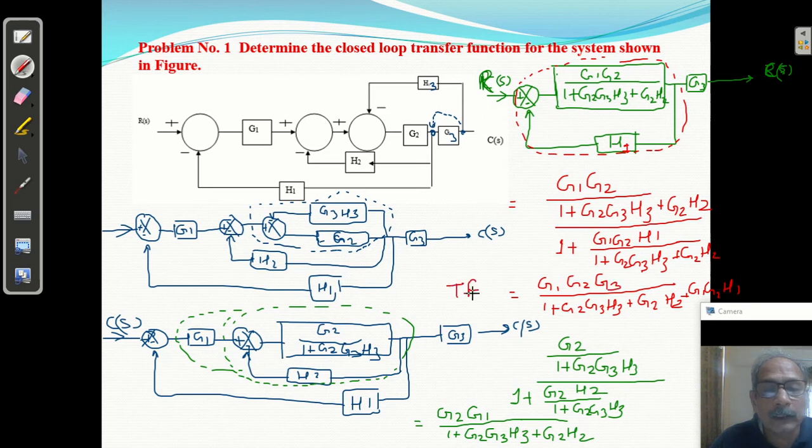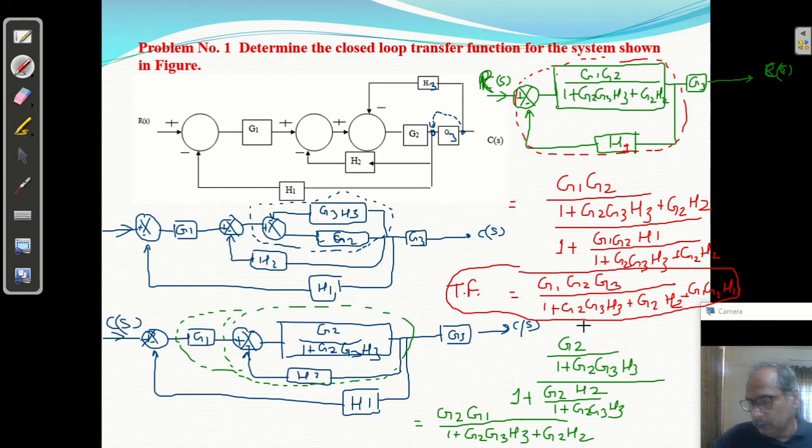The transfer function of the given system is G1 G2 G3 upon 1 plus G2 H2 plus G2 G3 H3 plus G1 G2 H1. That is the answer we have. In this way we can simplify the given network.